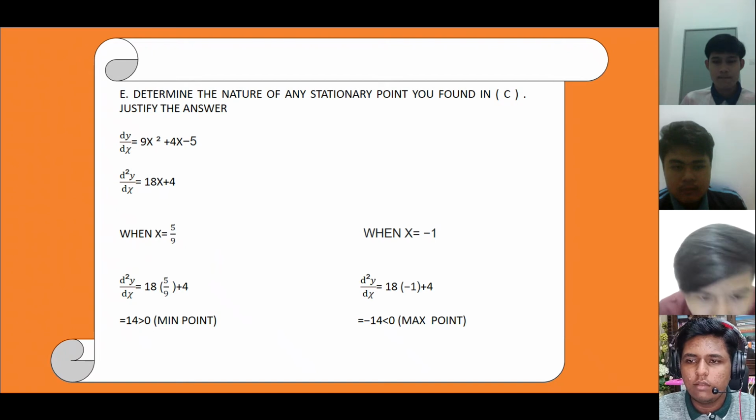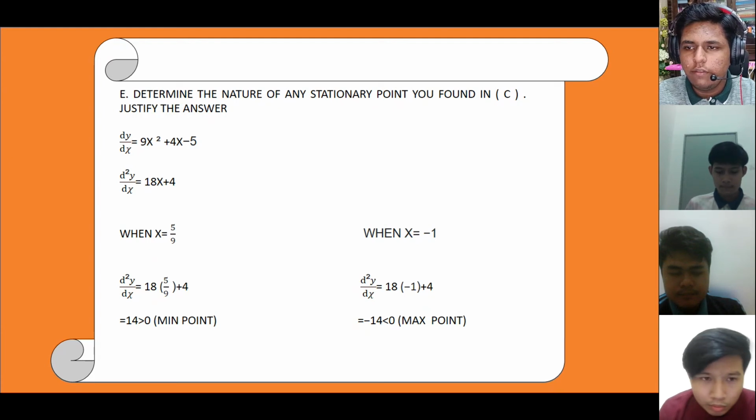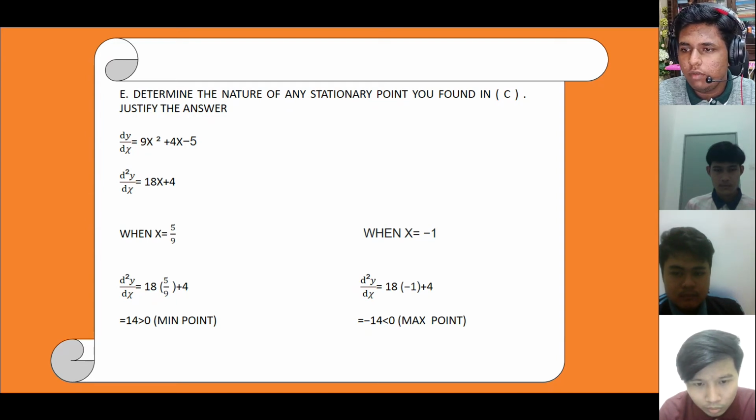So the next step is to determine the nature of any stationary point you found in part C. Justify the answer. So dy over dx is equal to 9x squared plus 4x minus 5. We double differentiate it, so it will become d squared y over dx squared equals 18x plus 4.